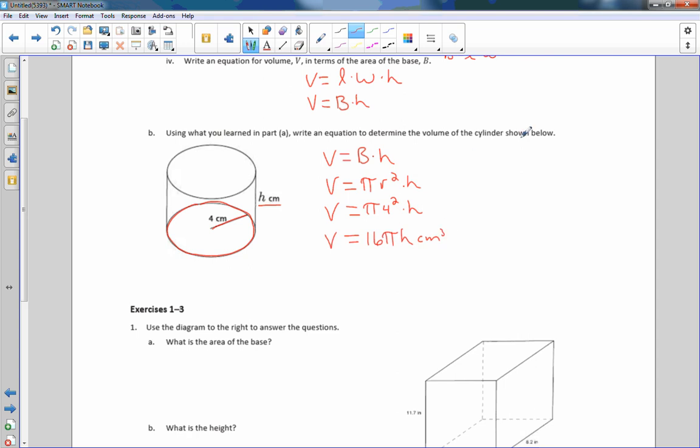It did not say to approximate pi, so we aren't going to use 3.14. We aren't going to use 22 divided by 7, and we're not going to use a calculator with a button that represents pi. Whenever it doesn't say, all you do is solve in terms of pi. And the answer is 16 pi times the height centimeters cubed.